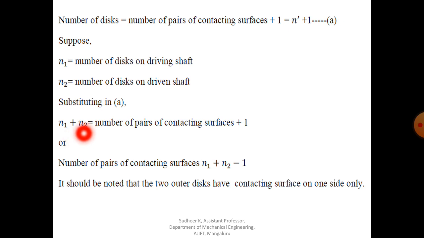The number of discs is 5, but the number of pairs is 4, that is the number of pairs of contacting surfaces plus 1 gives you the number of discs. So the number of pairs of contacting surfaces is always N1 plus N2 minus 1. It should be noted that the two outer discs have a contacting surface on one side only. So 2 minus 1 gives you one contacting surface.